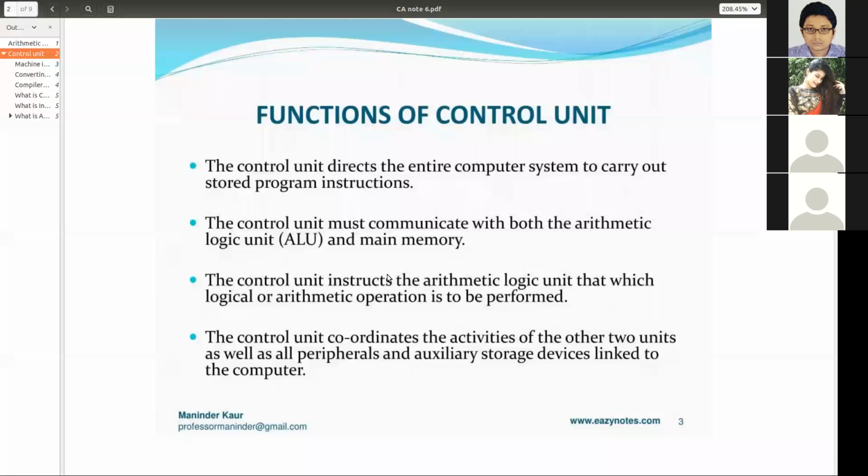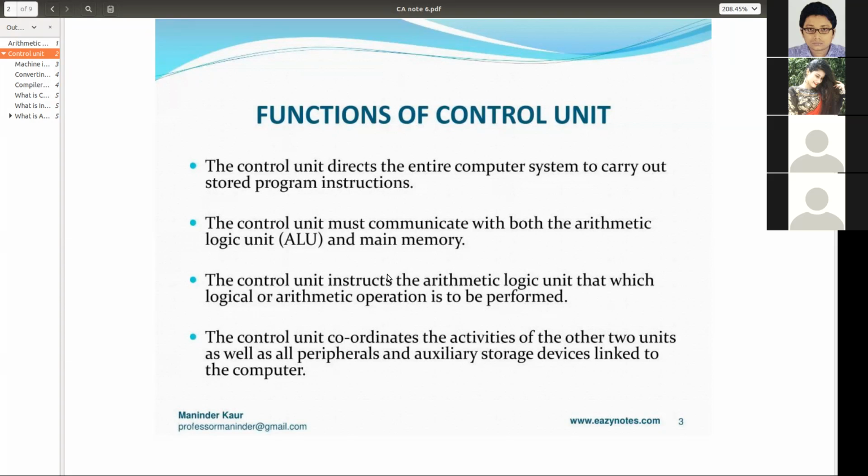Basically, whatever our computer is performing, it is performing based on our given instruction. Like whenever you are double clicking on a mouse icon, that means you are giving an instruction to your computer to open that program. So that's basically an instruction.